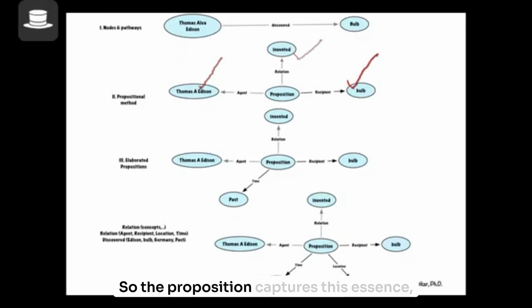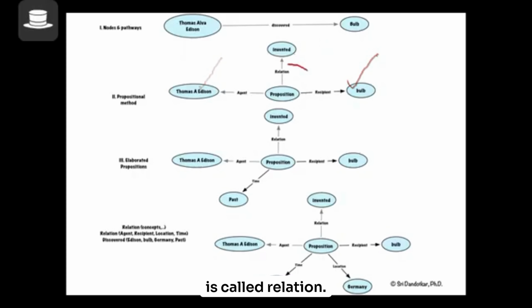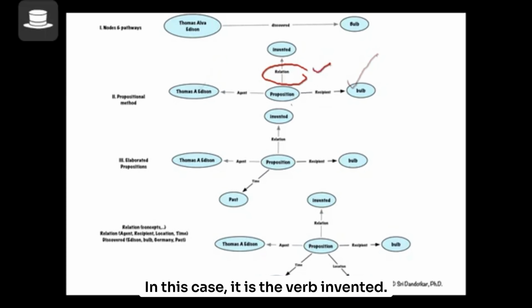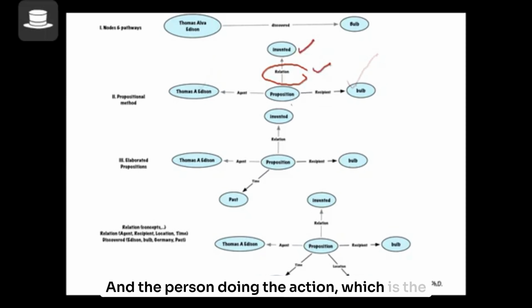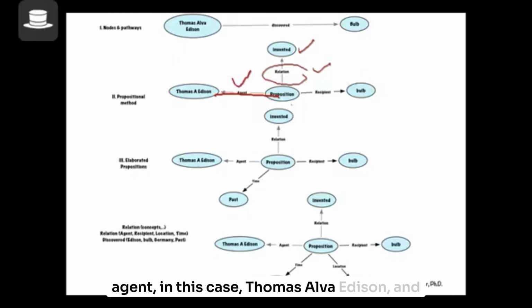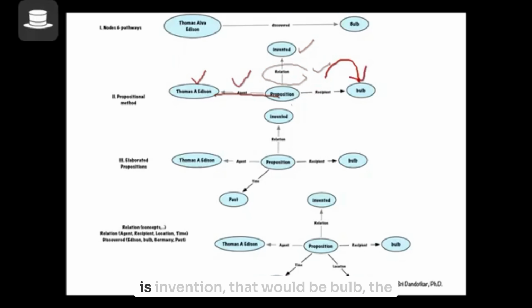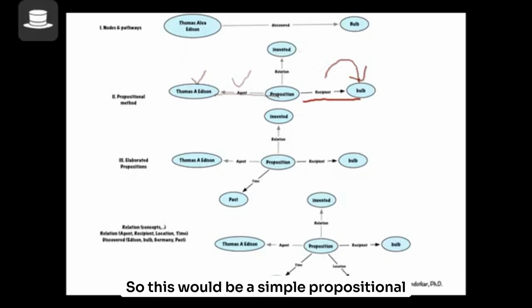So the proposition captures this essence. The action itself is called the relation. In this case, it is the verb invented, and the person doing the action, which is the agent, in this case Thomas Alva Edison, and the recipient who receives the action, which is the invention. That would be bulb, the recipient. So this would be a simple propositional representation.